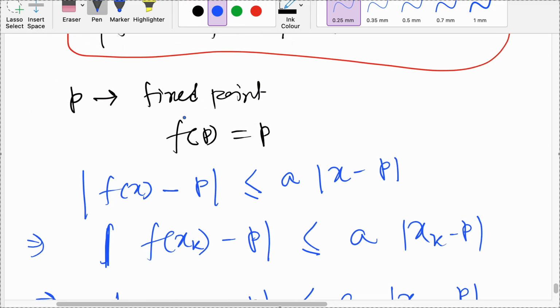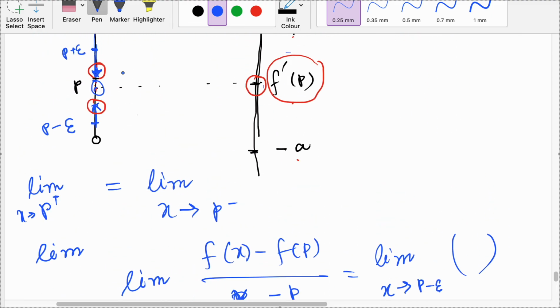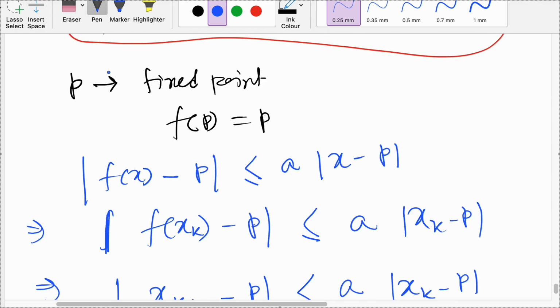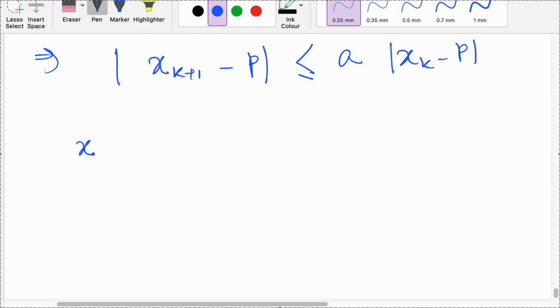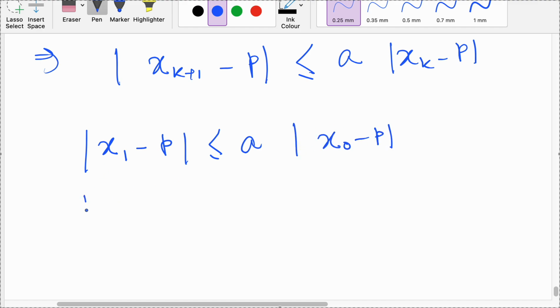It is only valid inside this open interval. If I take any point x0 from that interval, then this relation will hold. So we get |x1 - p| less than or equal to a|x0 - p|.